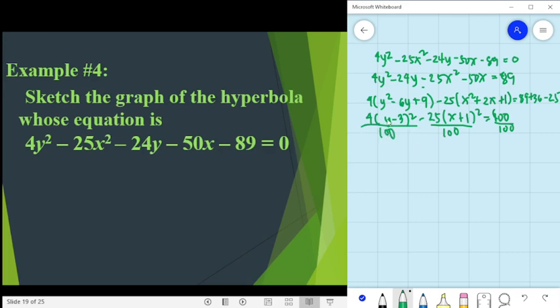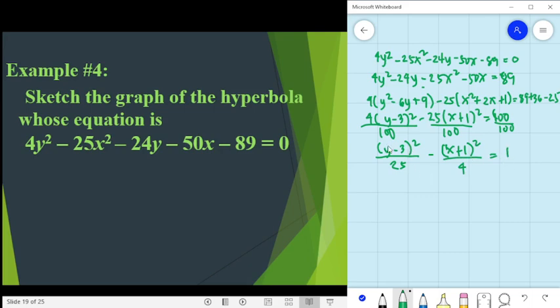So 4 over 100 is equal to 1/25. So 25 over 100 is 1/4. So we have the quantity (x plus 1) squared over 4 equals 1.